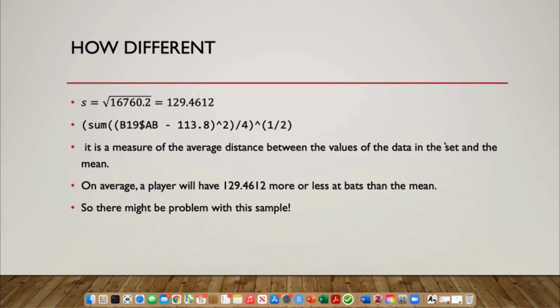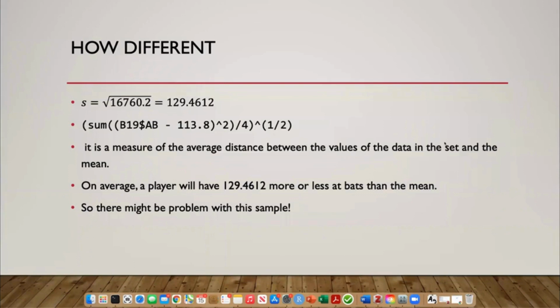So if we were to have calculated that, you can see what that might have looked like. And it's a measure of the average distance between values of the data in the set and the mean. So on average, a player will have 129.4612 more or less at-bats than the mean.